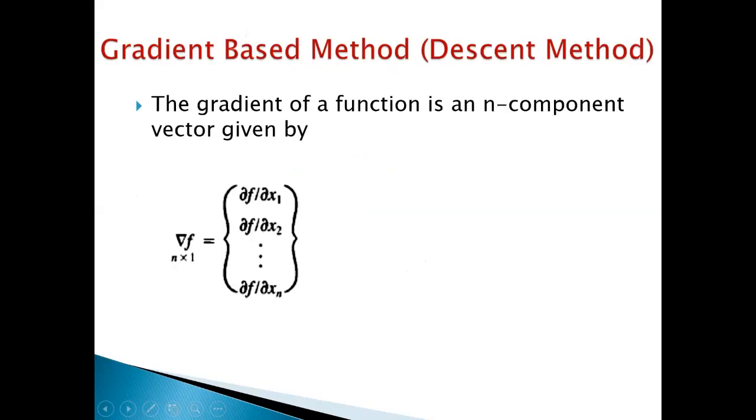To understand the steepest descent method, or descent method, we need to understand what the gradient is. The gradient of a function is an n component vector given by this. So gradient f will be the derivative with respect to each of the inputs given here. So we can find the gradient by taking the derivatives.